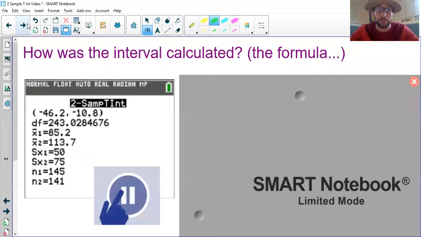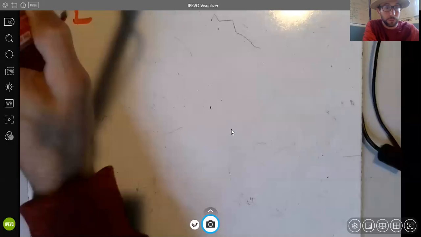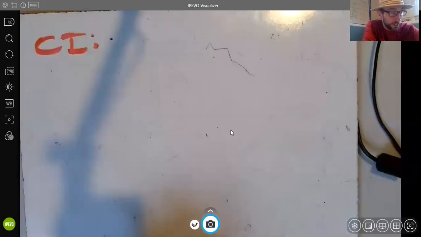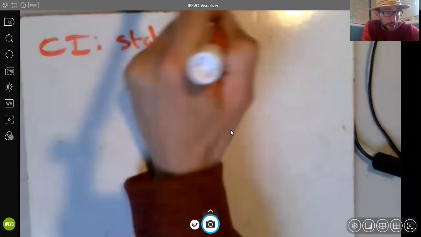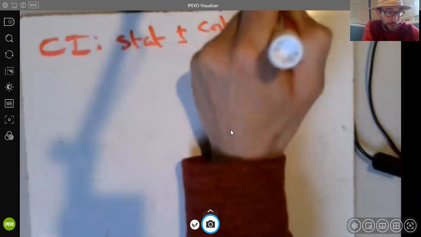And now let's think about the formula. So going back to the 2-proportion Z intervals, right? The ideas are the same. So let me jump to the whiteboard. You know, for any confidence interval, it's our statistic plus or minus our critical value times the standard error of that statistic.